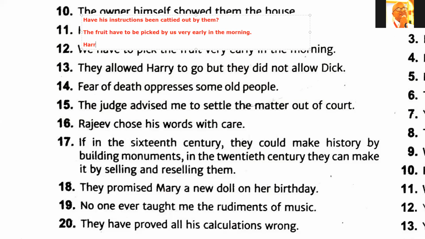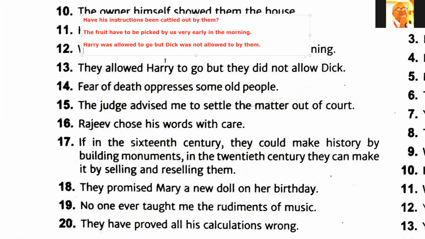So Harry was allowed to go, but Dick was not allowed to go by them, or allowed to. Sorry, you have to introduce here too. Allowed to by them. So this would be the correction. Passive voice actually.